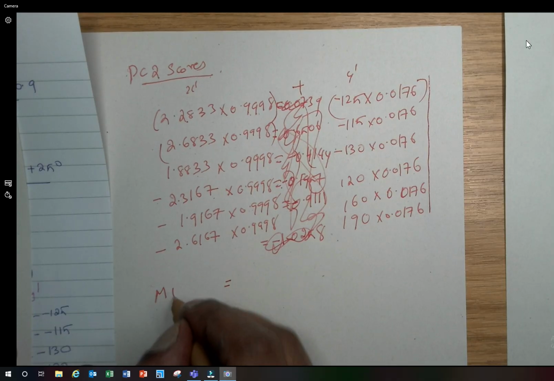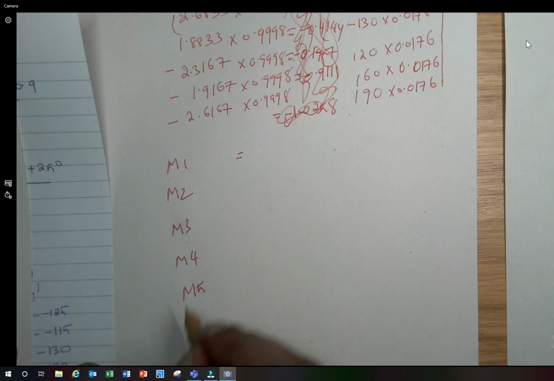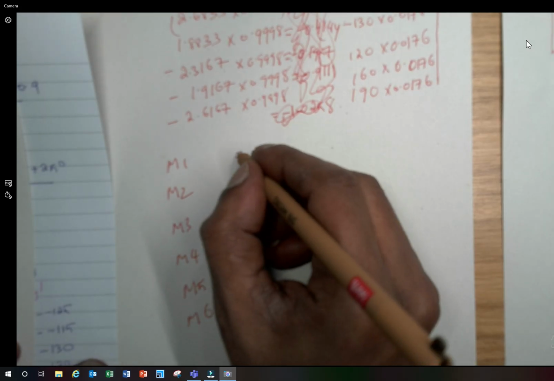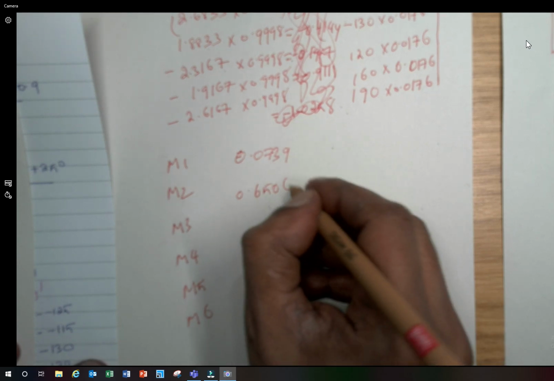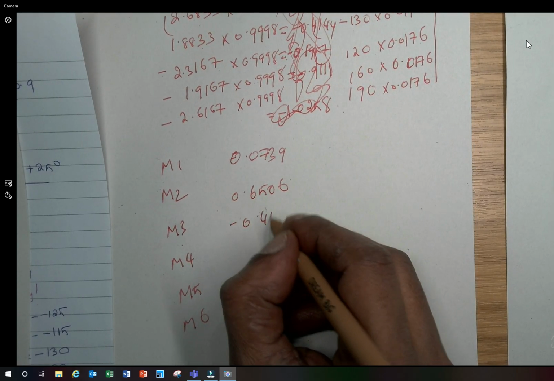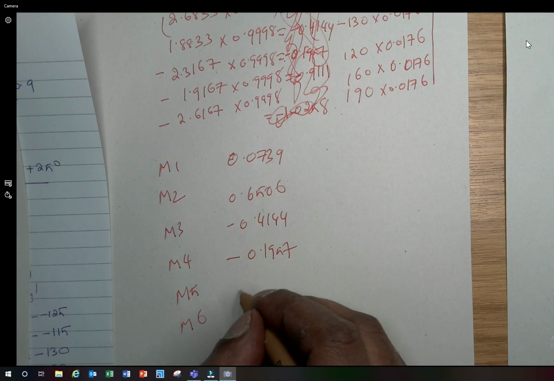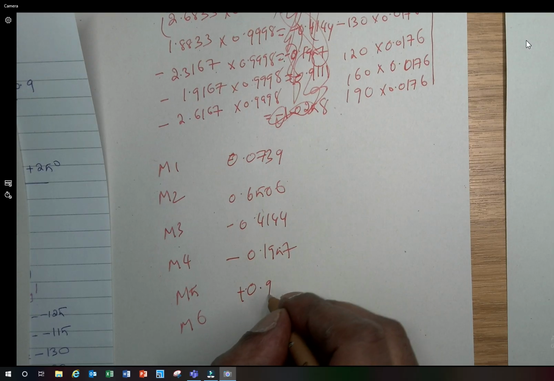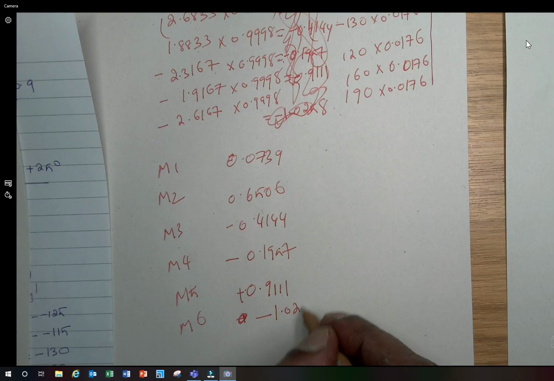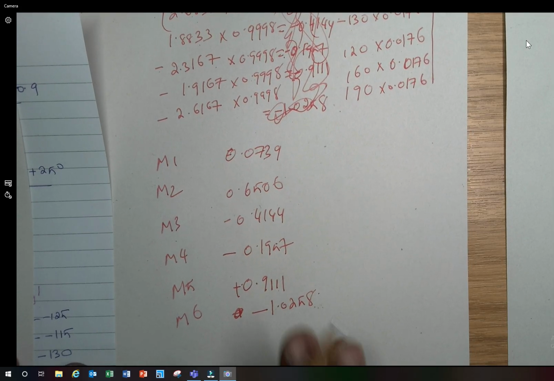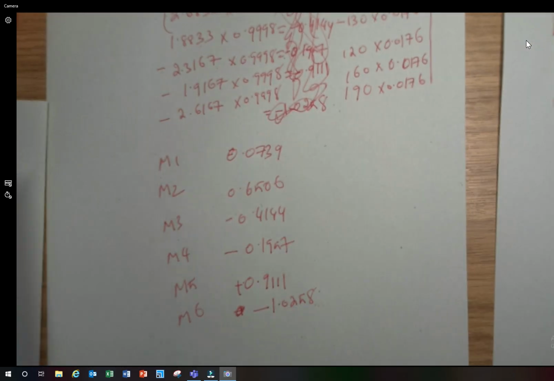For material 1, material 2, material 3, material 4, material 5, and material 6, the values are 0.0739, 0.6506, minus 4144, minus 0.1957, plus 0.911, and minus 1.0258. So these are nothing but the mean centered values projected onto PC2.